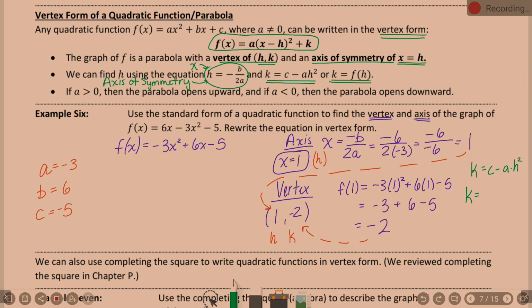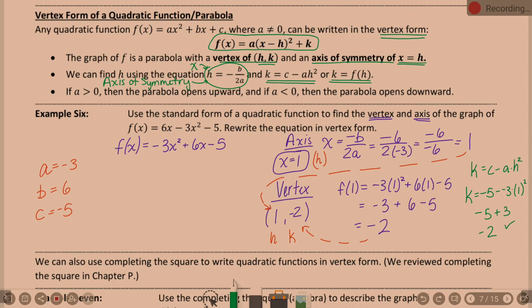Negative 5 minus a, so minus negative 3 times h squared. H we just found to be 1. So negative 5, 1 squared is just 1, times the negative 3, minus negative 3. So it really just ends up being plus 3. You multiplied. That's right. Does it work? Yeah, it does. Now, real quick, we've got to finish this problem.